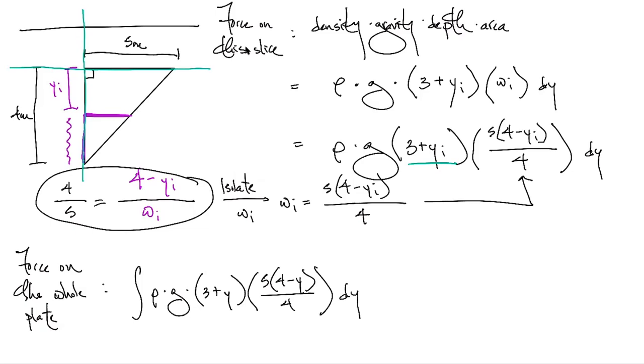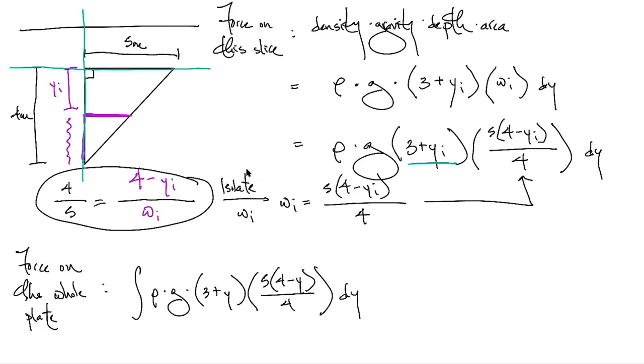So I have to include the 3 because that's above my axis. And then I have to include the y sub i because I have a distance underneath there, okay?